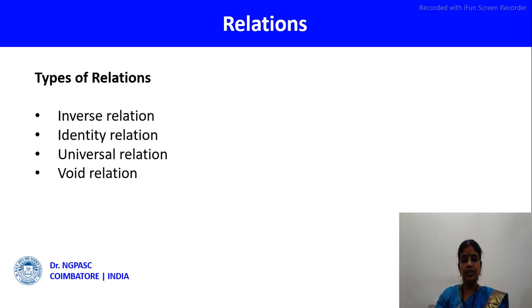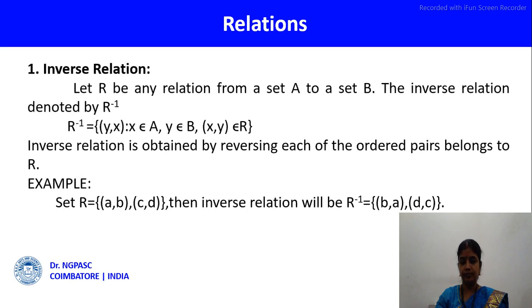Types of relations: inverse relation, identity relation, universal relation, void relation. Inverse relation. Let R be a relation from A to B. The inverse relation is denoted by R inverse. It is obtained by reversing each ordered pair.